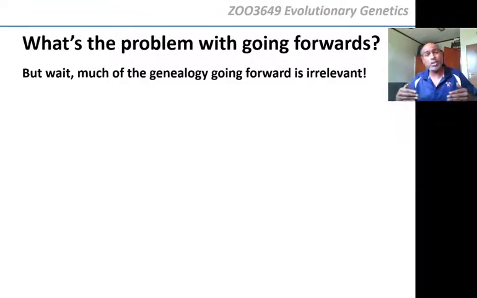So if you start with generation 1 and go forward in time to generation 2, you are going to have to model the probability of every individual in generation 1 having an offspring in generation 2. It could have an offspring, but it might not have an offspring in generation 2.